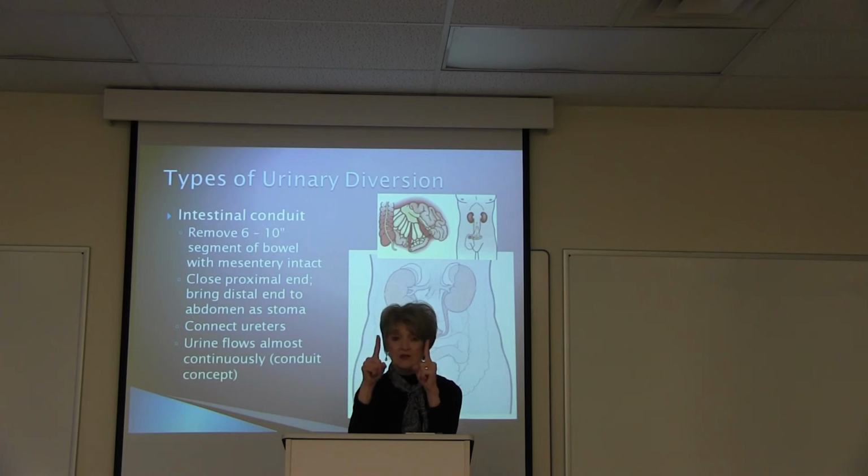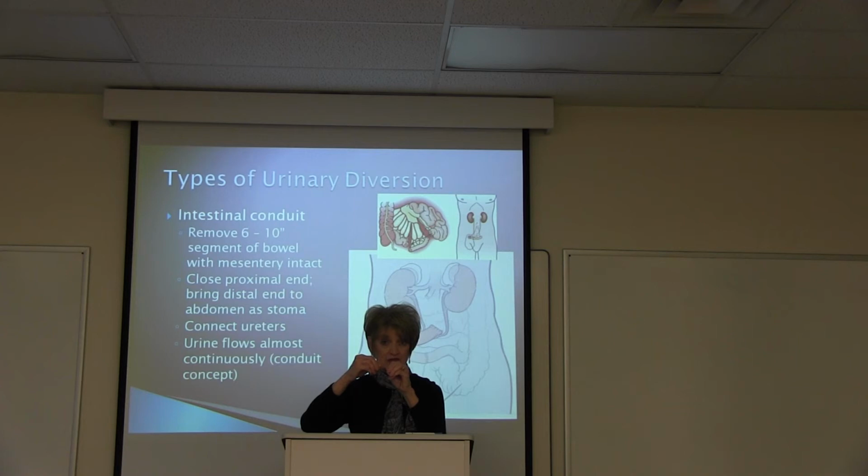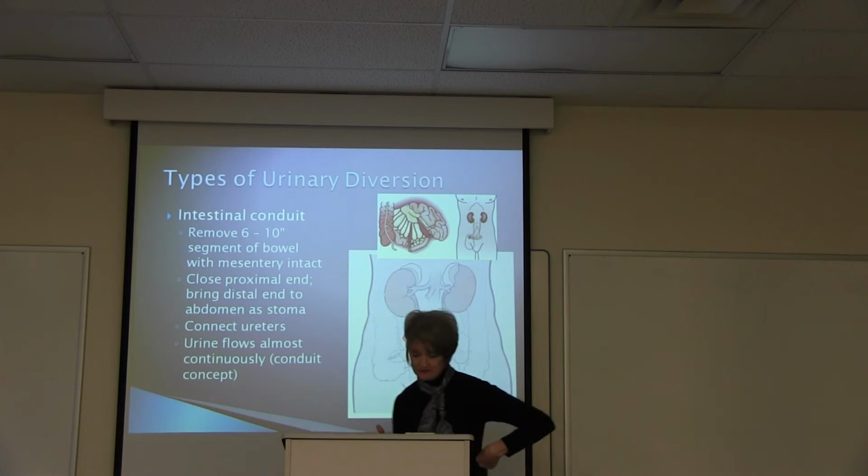So it's like, take this little piece of bowel, use it to transfer urine from the abdominal cavity to the abdominal wall. So take this little section of bowel, attach the ureters to that little section of bowel, attach the bowel to the abdominal wall. Use that little section of bowel as a pipeline, okay?